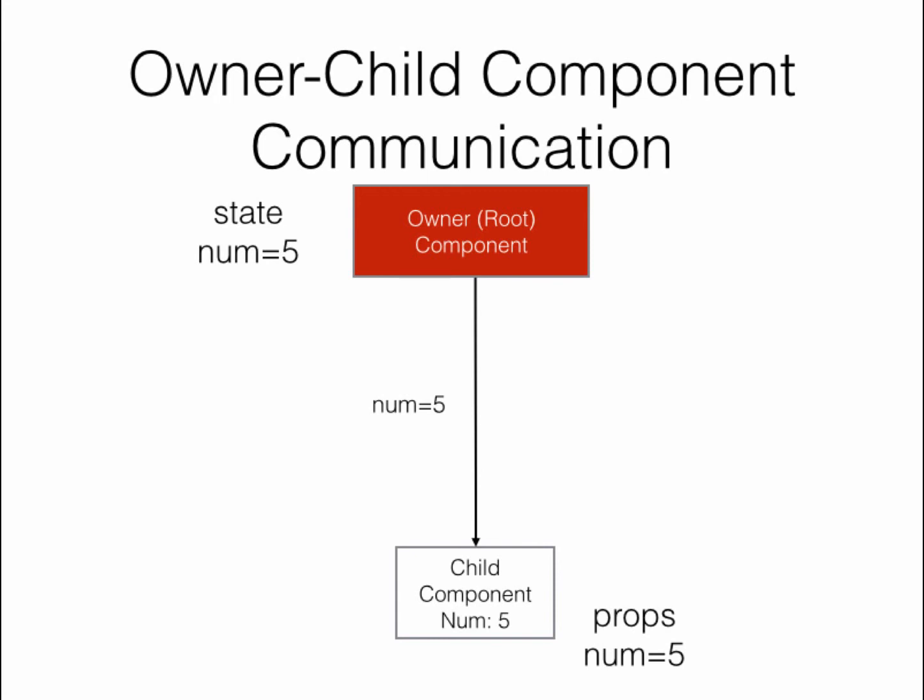So far, the child might or might not maintain its own state, right? But what happens if the child wants to signal to the parent that the parent state should change? That is, child state will not be changing, the parent state should be changing.